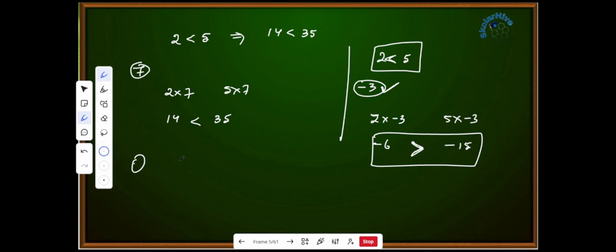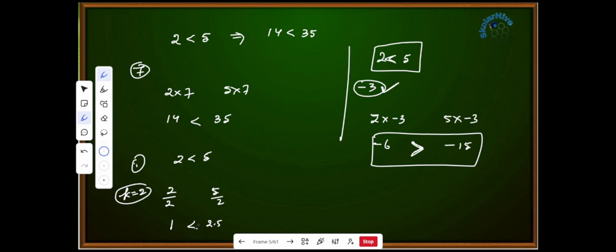Same example I'm taking over here, 2 less than 5. If we are going to divide both sides by a positive number, let's say k is equal to 2, then you can find that 2 divided by 2 and 5 divided by 2: 2 divided by 2 is 1, 5 divided by 2 is 2.5.